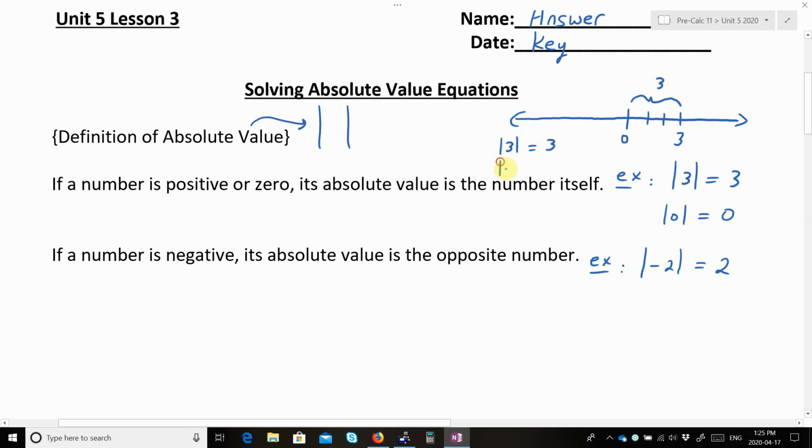Okay, and similarly, if you wanted to know the absolute value of negative 3, the distance that negative 3 is away from 0, that's still 3 units, right? It's still 3 units, 1, 2, 3, just in the opposite direction. Okay, so you can kind of think of it as a distance.